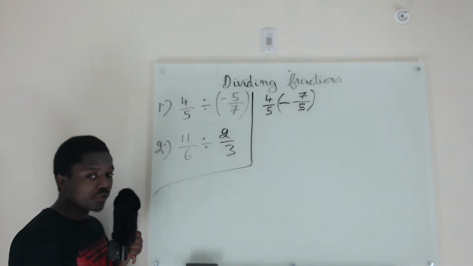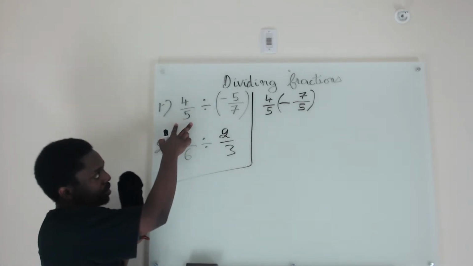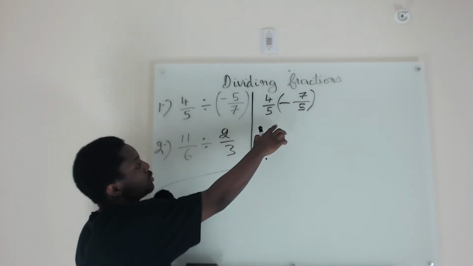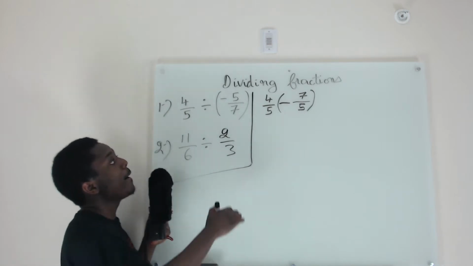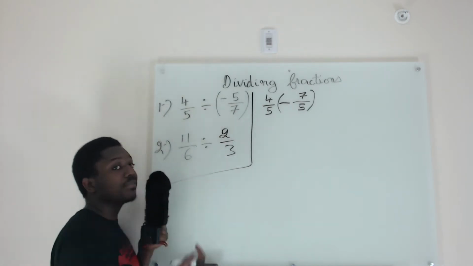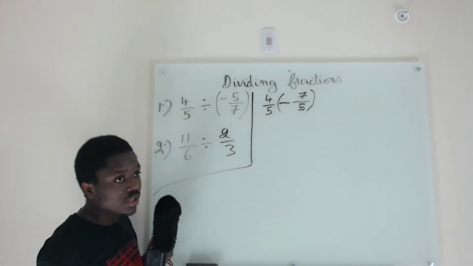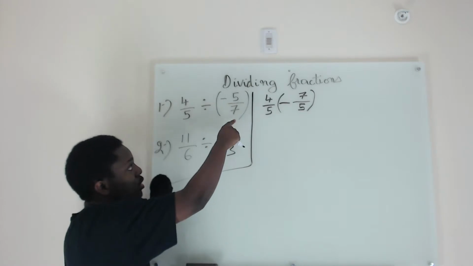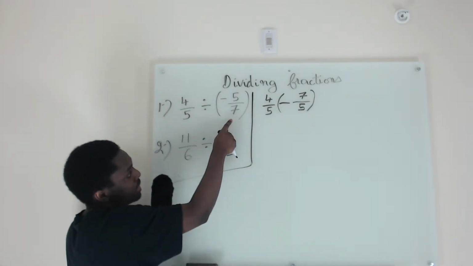To divide two fractions, you take the first fraction, which is right here, and you multiply it, so the parenthesis means multiplication, by the reciprocal of the second fraction. The reciprocal means flipping the second fraction. So it was 5 over 7 in this case.